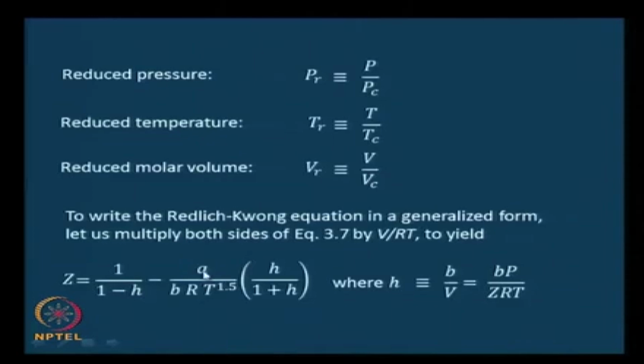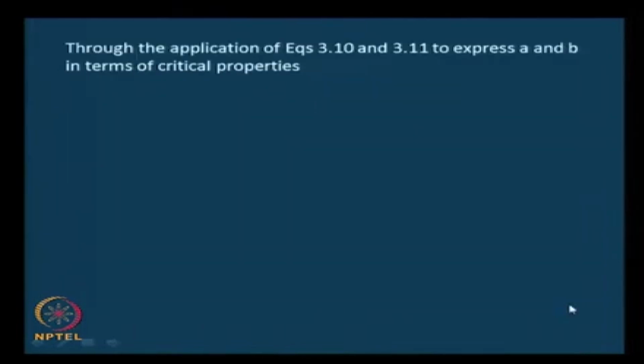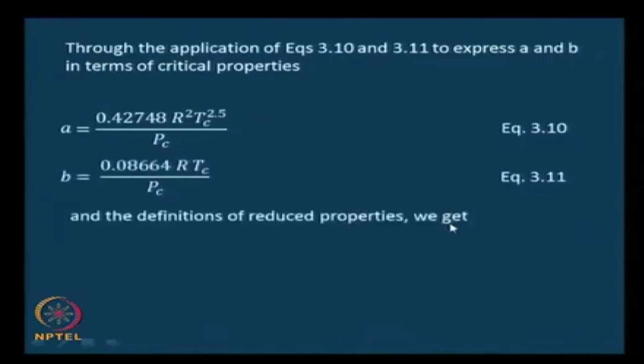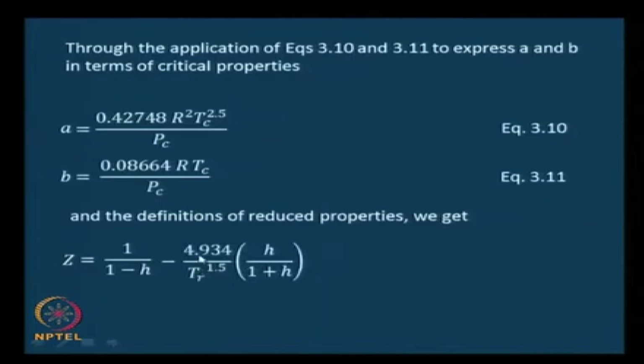And then we could express A and B in terms of the critical constants that we have already seen earlier, and therefore if you substitute those expressions here for A and B, which we had already seen, then the generalized Redlich-Kwong expression turns out to be Z equals 1 by (1 minus h) minus 4.934 divided by TR to the power 1.5 into h by (1 plus h). So that is the Redlich-Kwong equation written in terms of reduced properties.